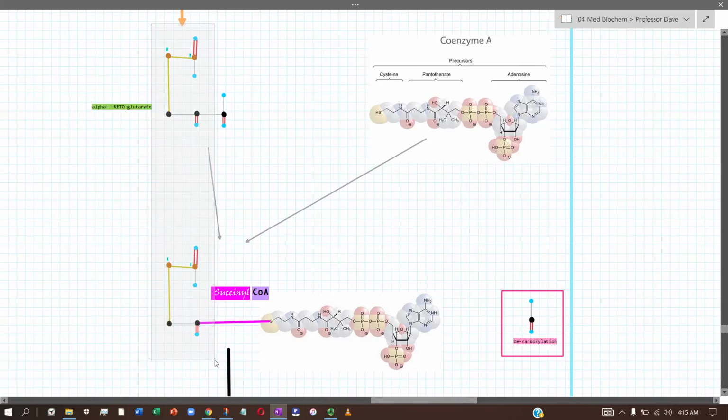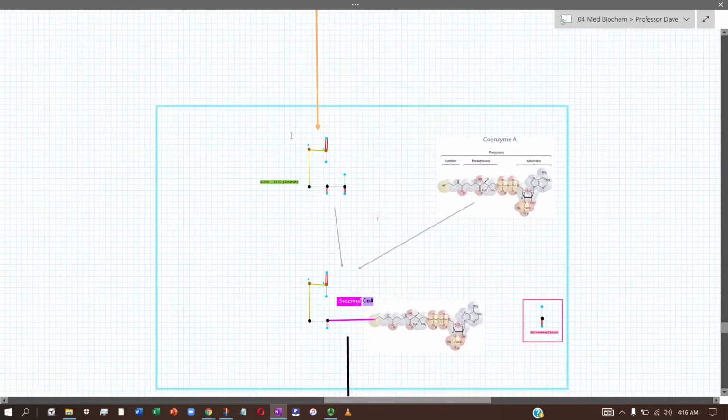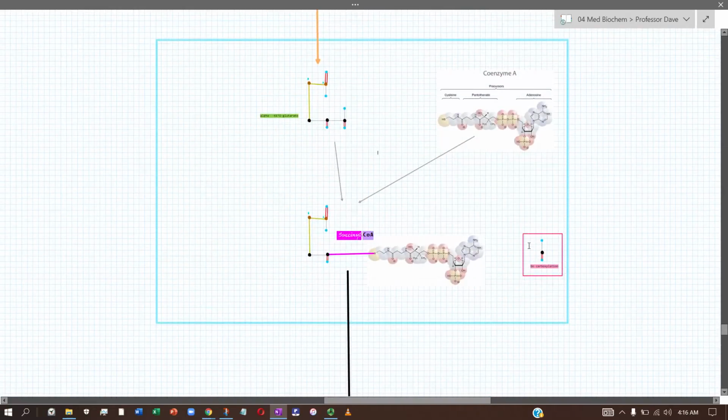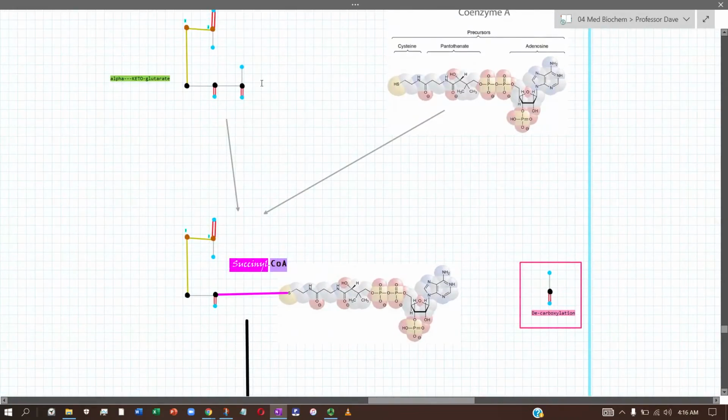I drew the alpha ketoglutarate on the top and the bottom, but on the bottom you can see that there is a CO2 molecule that is missing right here. So that means that this was part of decarboxylation. Within the blue step, here are those atoms accounted for.